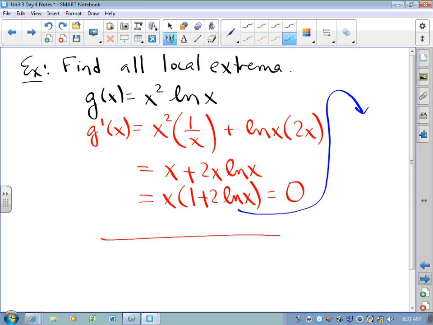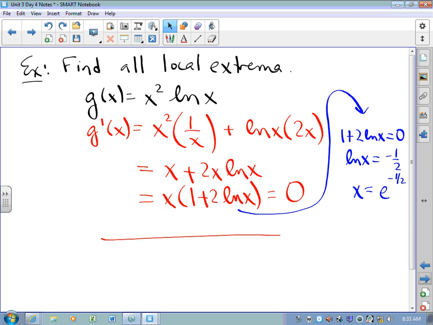So I come on off into scrapland here, and I think to myself, ln x is negative a half. And if ln x is negative a half, then I exponentiate each side. I get e to the minus 1/2. So there are two places on the number line where I could have a critical point.